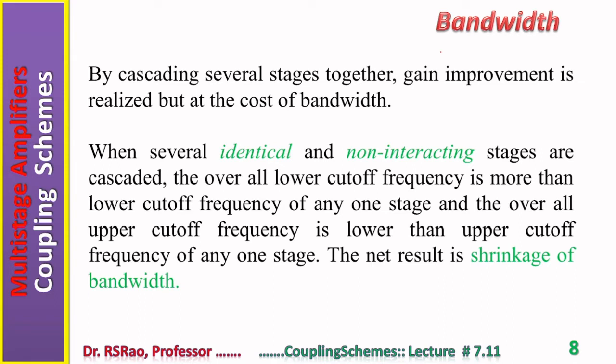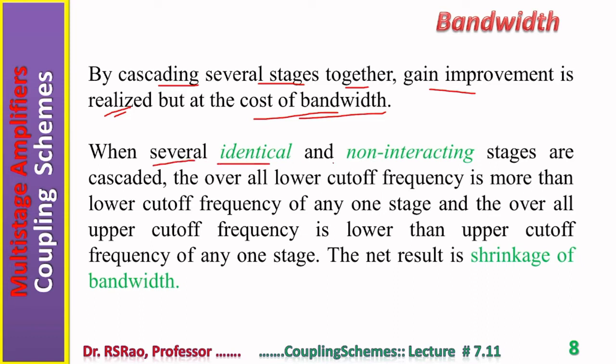Now we consider a few points pertaining to the bandwidth of multi-stage amplifiers and compare it with the bandwidth of a single stage. By cascading several stages together, gain improvement is realized, but at the cost of bandwidth. Gain rises, but bandwidth falls.